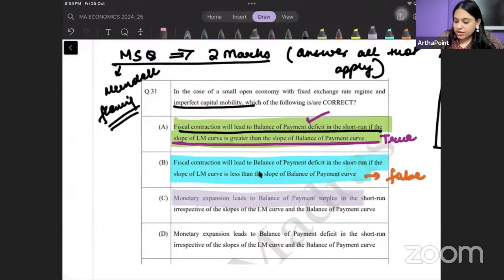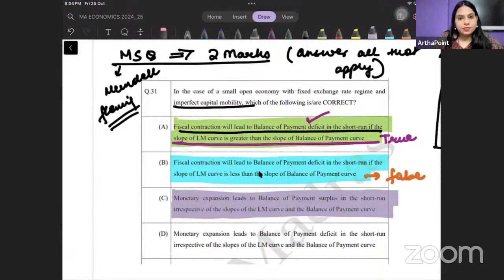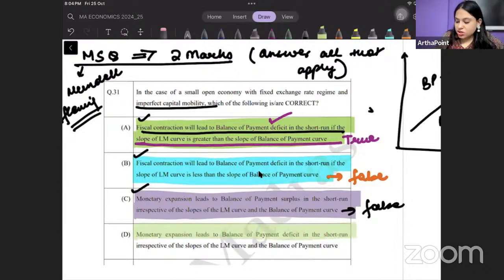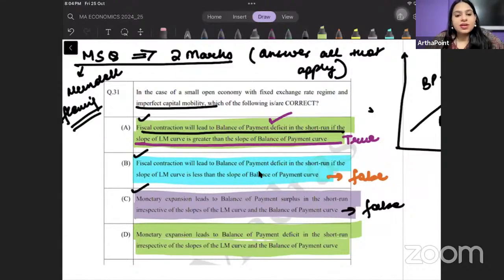Monetary expansion leads to balance of payment surplus irrespective of slope. This is incorrect. This should also depend on slope. जैसे fiscal slope पे depend करता है, तो monetary भी slope पे depend करेगा. So false. Look at the last one: monetary expansion leads to balance of payment deficit irrespective of slope of LM curve and balance of payment curve.